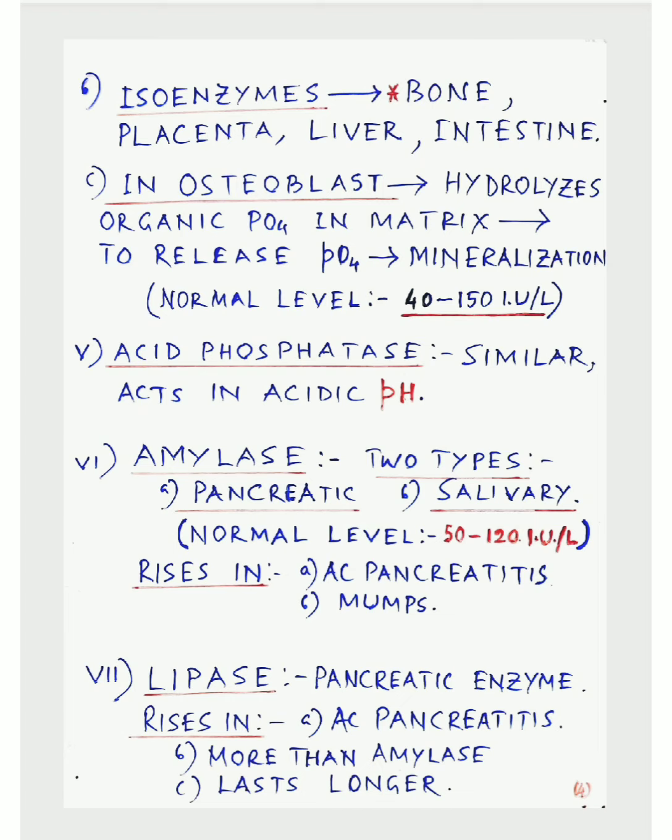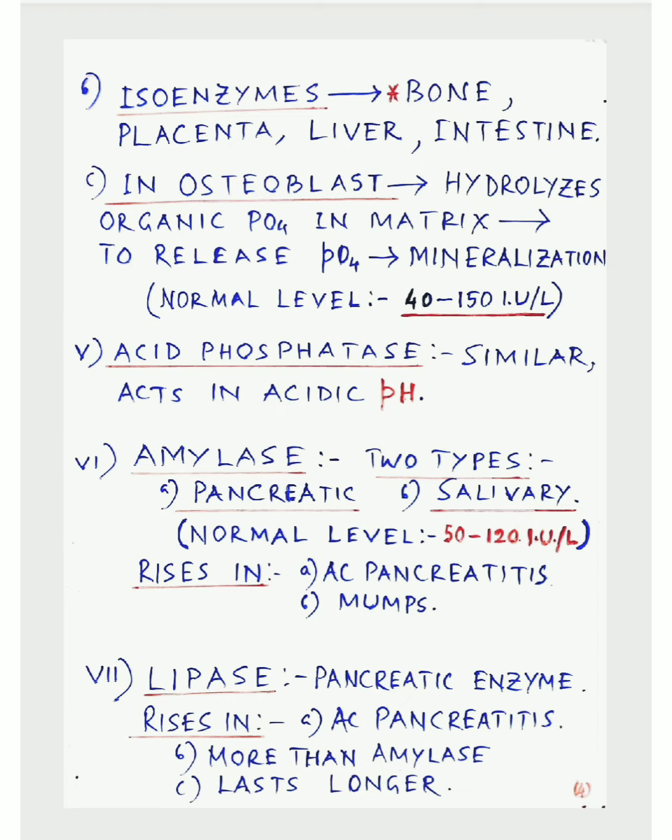Now, ALP level increases in many diseases. That is one, obstructive liver diseases, then bone diseases. As you already know, different isoenzymes are present in bone, liver, placenta and intestine.